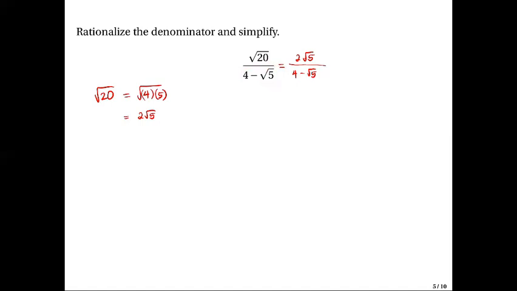What we're going to do is to multiply by the conjugate of the denominator, both the numerator and denominator. So we have minus in here. So we multiply the plus counterpart. So we multiply by 4 plus square root of 5, both the numerator and denominator.